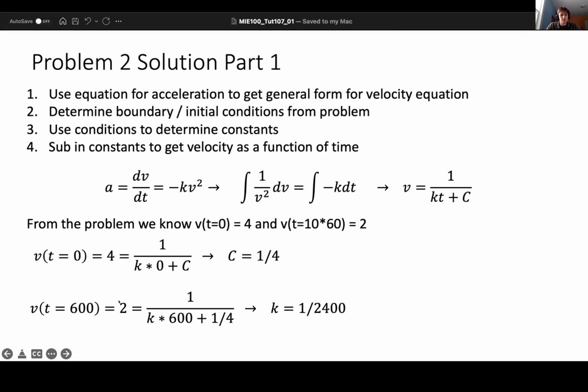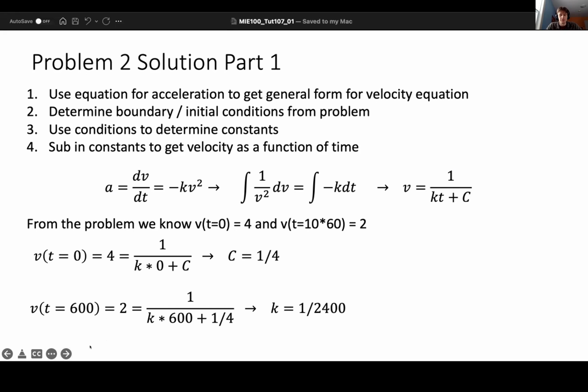So first, we use velocity at time 0 is 4, and then sub in 0 in the equation, and solve for c. We get c is 1 over 4. And then the second boundary condition, velocity at t equals 600 seconds is equal to 2. We sub in t is 600 and c from the previous part, 1 over 4.